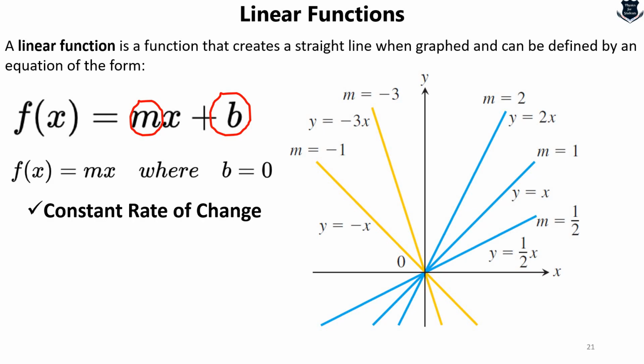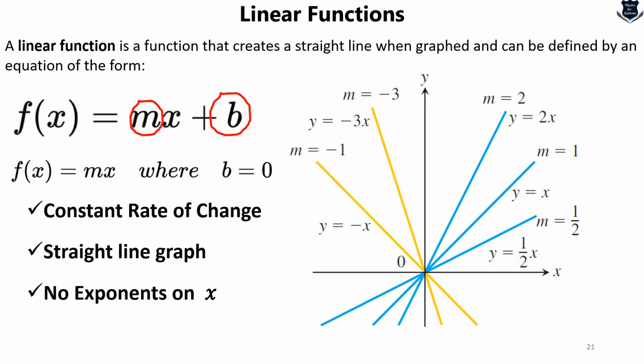Now there are certain characteristics of a linear function. Number one is that the slope m, which you can see in all these blue lines and yellow lines, represents a constant rate of change. Meaning the function increases or decreases at a very steady rate as x changes. Next, the graph of a linear function is always a straight line, and in a linear function x has an exponent of 1.